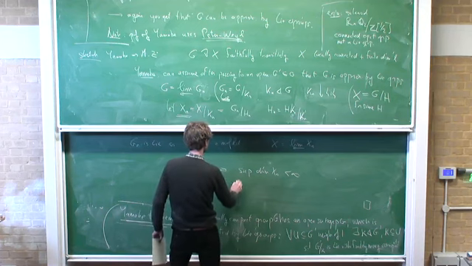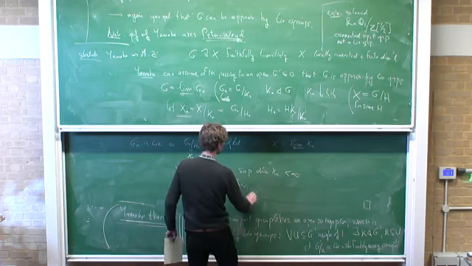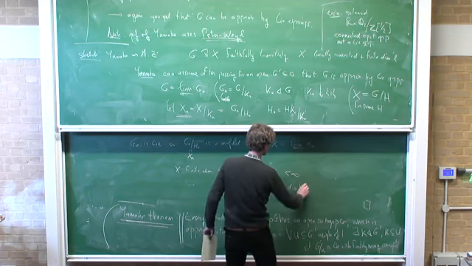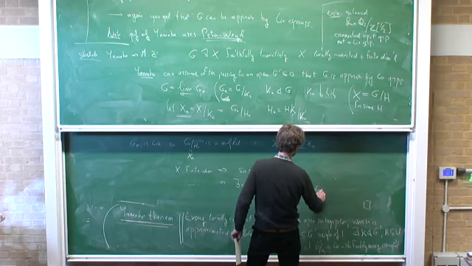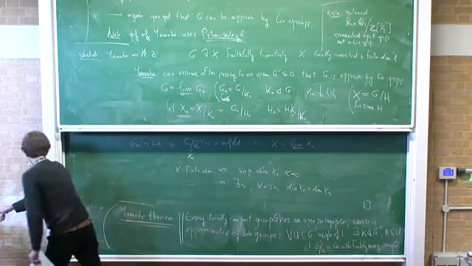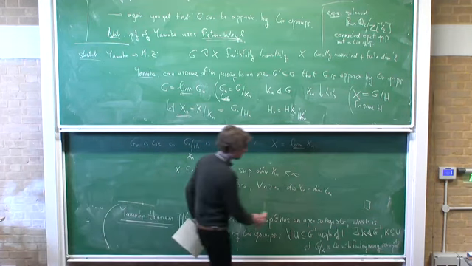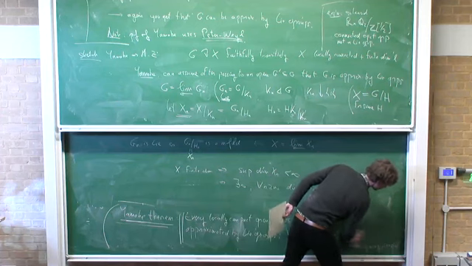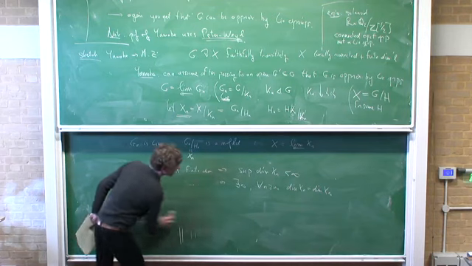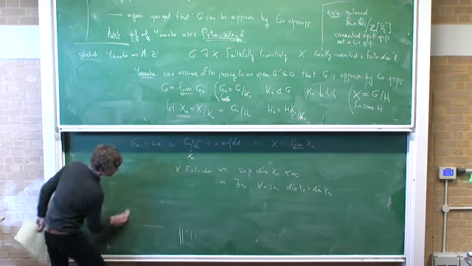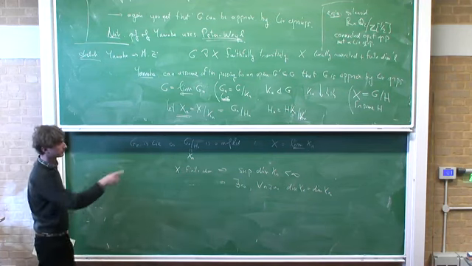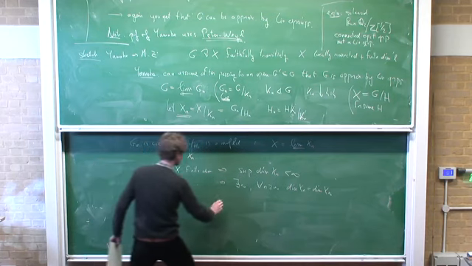So this means that after a certain point, the dimensions are the same. Which means that Xn is a cover of Xn naught.